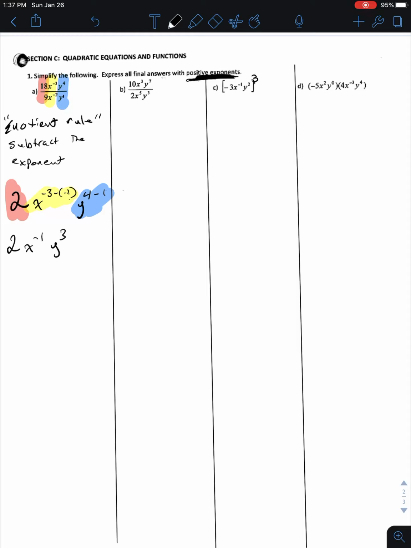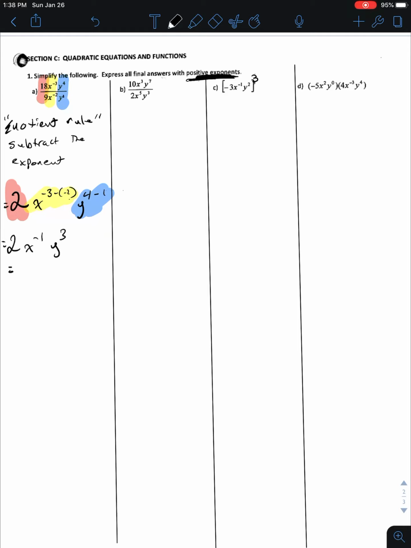Now this question also says express with positive exponents. That's important because I still see a negative. So the one thing that you are allowed to do, I'm going to put some equal signs down here. Just do the math on the exponents.